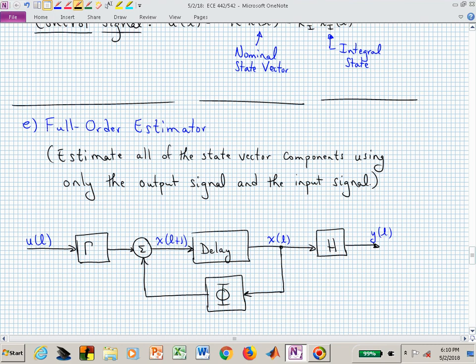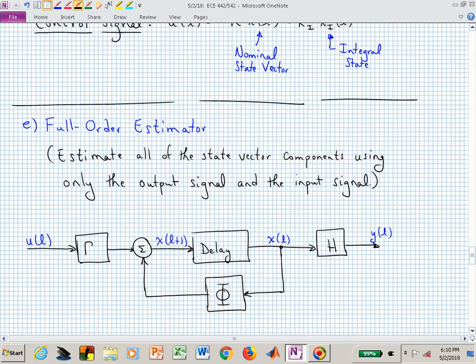And these are now motivated by trying to eliminate the assumption that we've been using so far. So far we've assumed we had access to all of the state variables. What if we don't? We want to now estimate x by just measuring the output y and the input u.